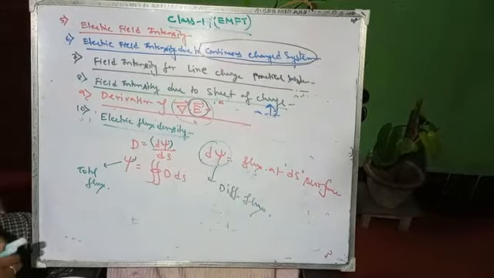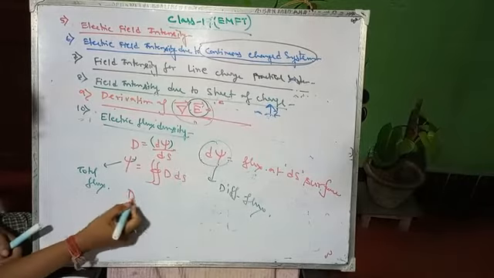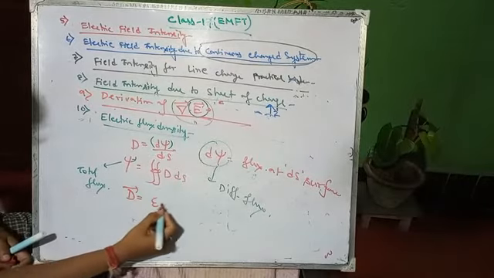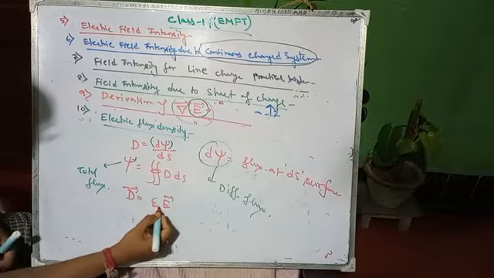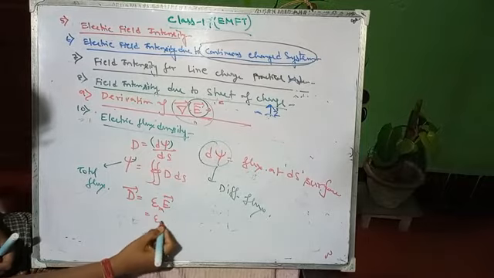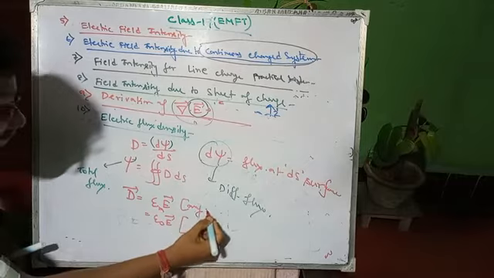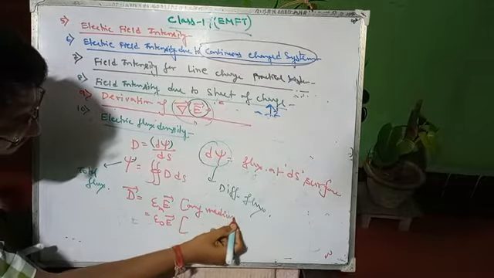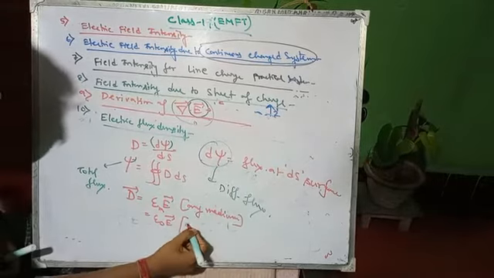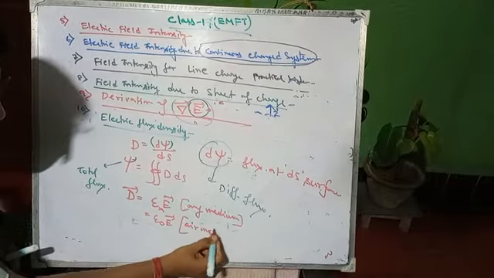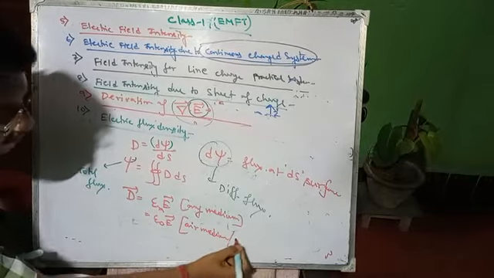Now here is a formula: D vector equals epsilon m into E for any medium, or epsilon naught into E for air medium or vacuum.